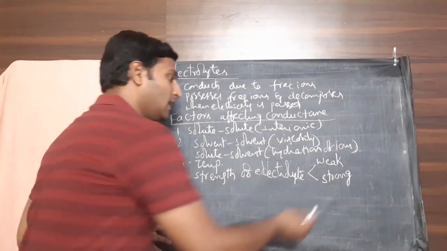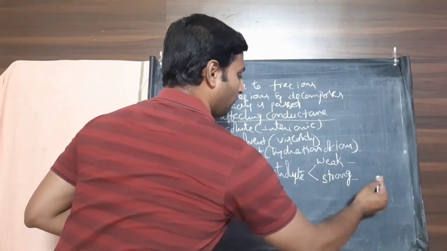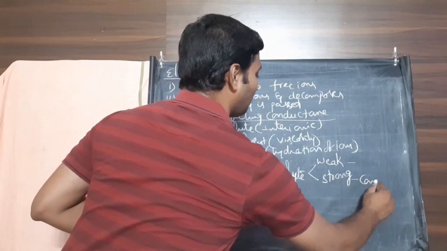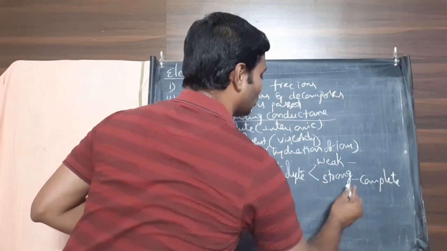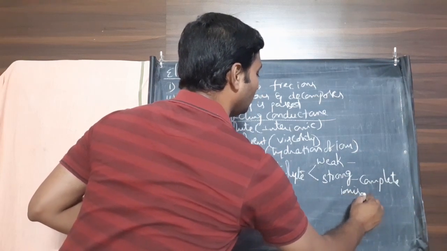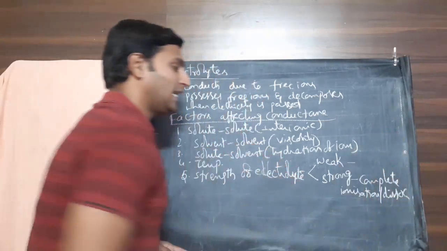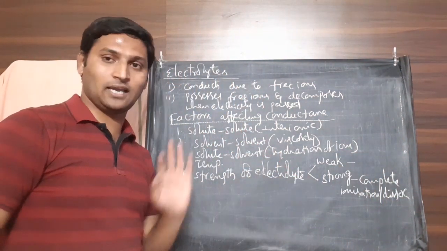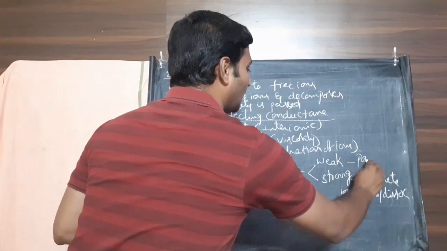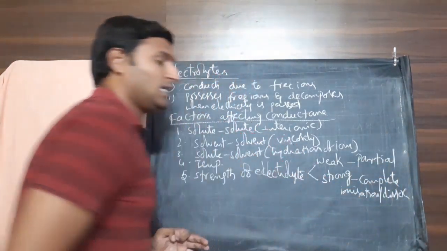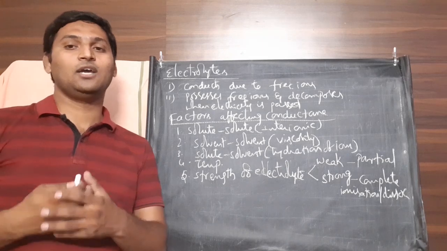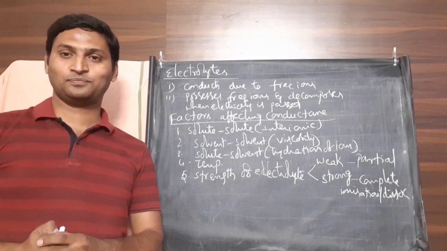Obviously, you would say an electrolyte which undergoes complete ionization or dissociation in its solutions is called strong electrolyte. The one which undergoes partial ionization or dissociation is called weak electrolyte, you said.